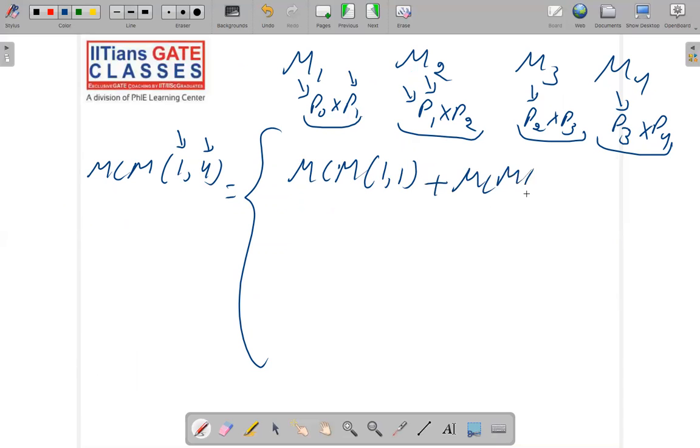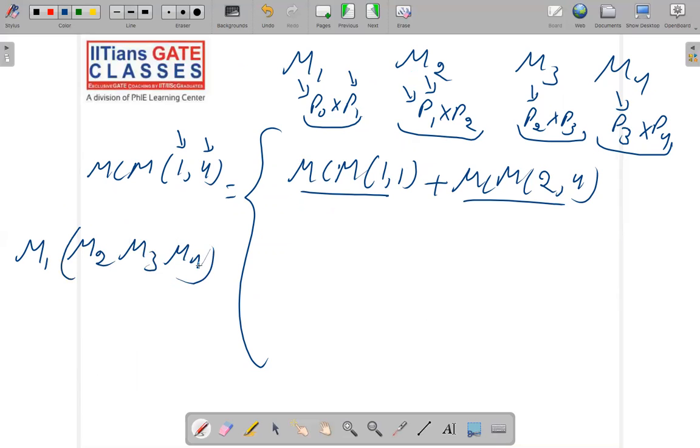MCM of 2 to 4 is saying we will be passing M1, M2, M3, M4, and applying braces like this. This method call indicates we are applying braces like this. Now this method will call again, right?